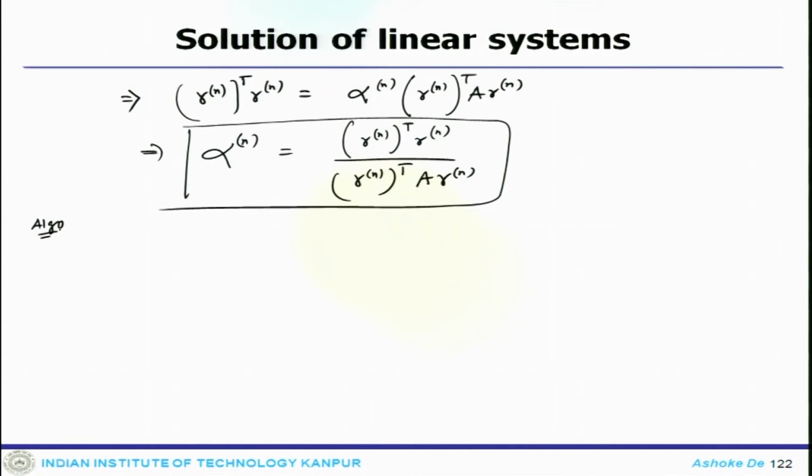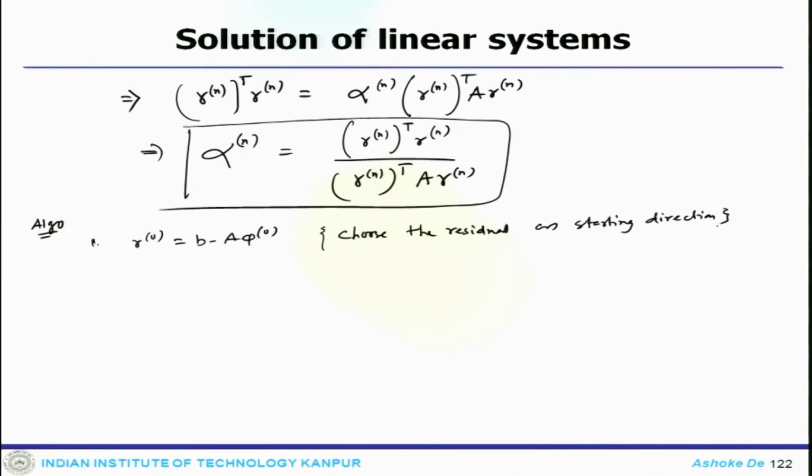First, you calculate R 0, which is b minus A phi 0. That means you are choosing the residual as the starting direction.